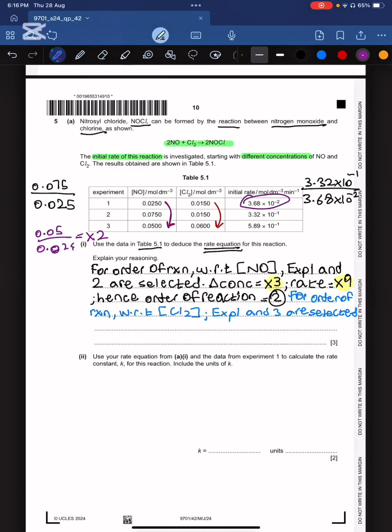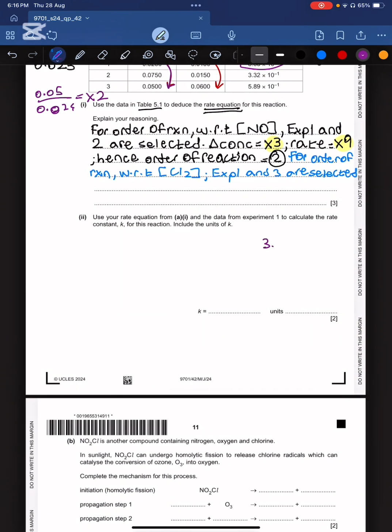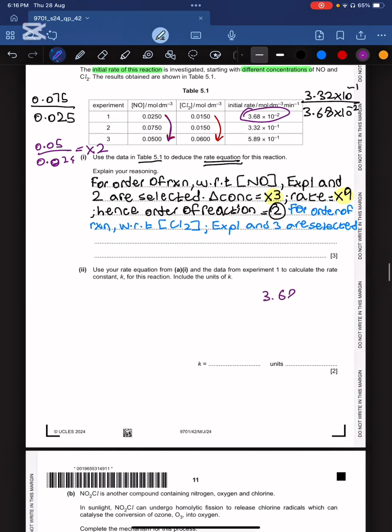So I will go from 3.68 times 10 power minus 2 multiplied by 4. Let me just do that right here. 3.68 times 10 power minus 2 multiplied by 4. That makes it 0.1472. So now the rate of reaction was first 3.68 times 10 power minus 2, and now we brought it to 0.1472. Why did it come up to this? It was because of NO.